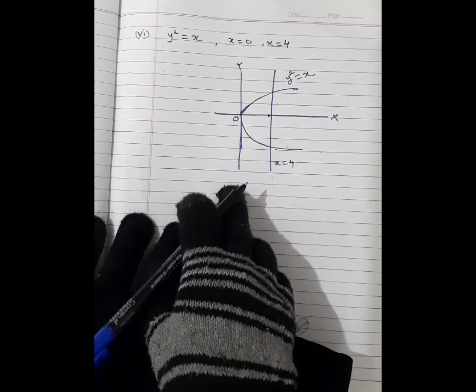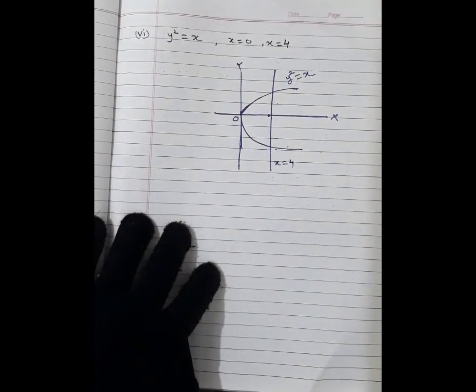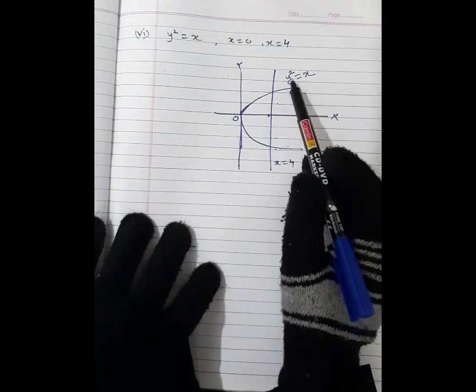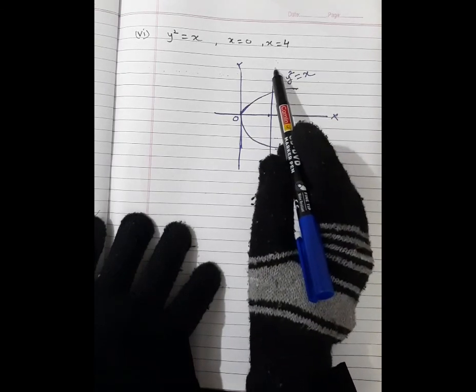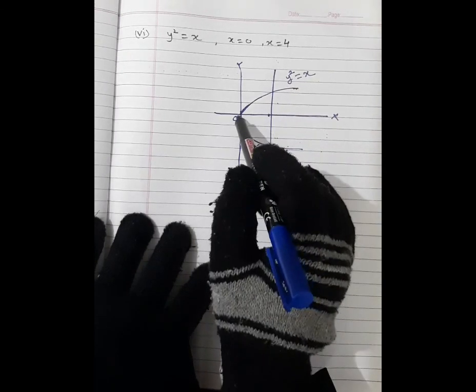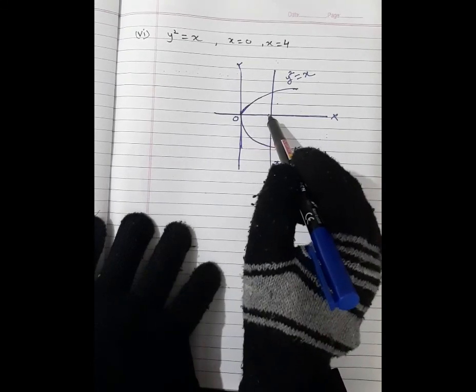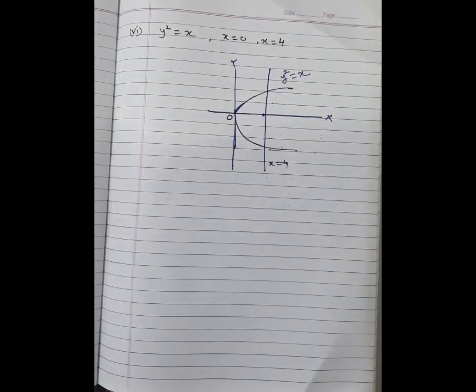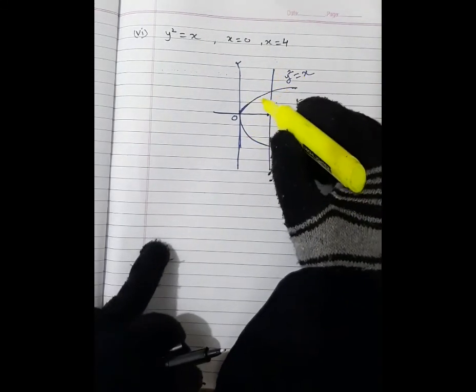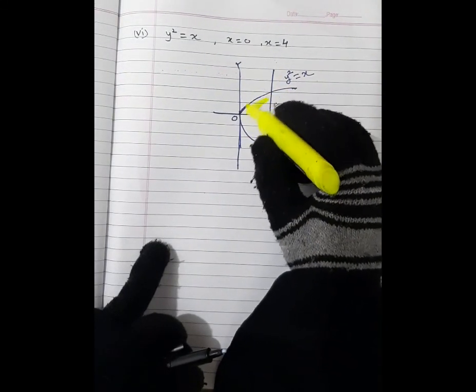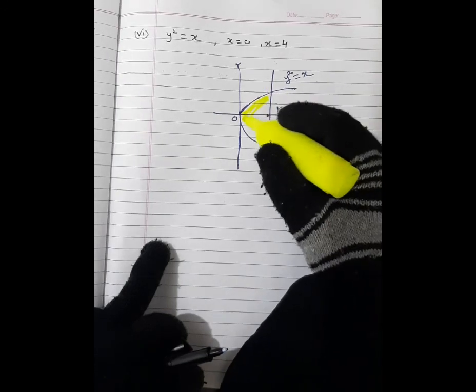So here, students, find the area of the bounded region. y square is equal to x means parabola, and between these two lines x is equal to 0, x is equal to 4. So here, students, what is the bounded shaded region that is coming? They will find the area of this shaded region.